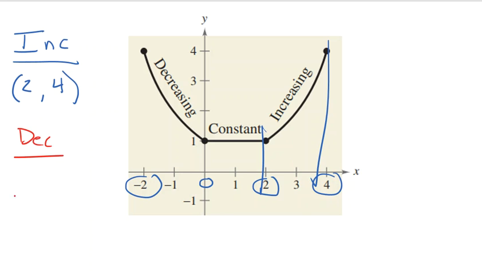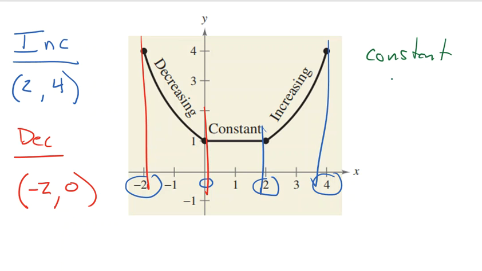The graph is decreasing from -2 to 0, along those x values. And finally, where is the graph constant? The graph is constant from 0 to 2. Along those x values in that interval, the graph is not going up nor down. Now, notice I didn't use brackets because a bracket means that you're talking about being at that particular value.